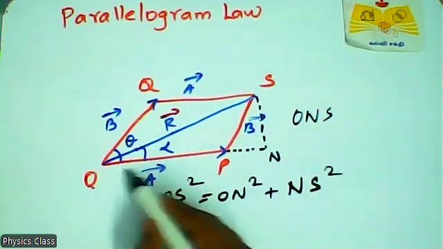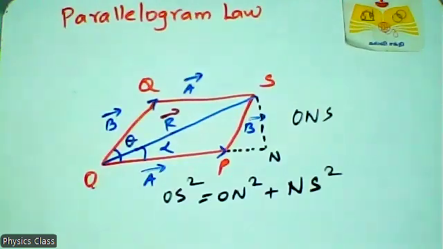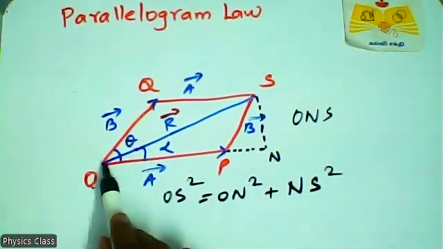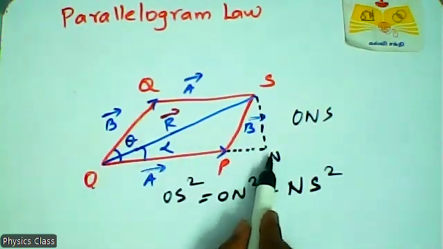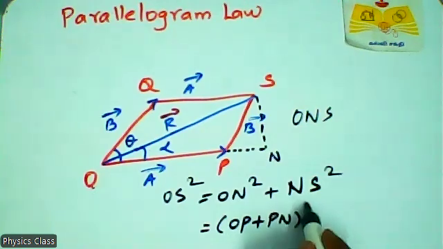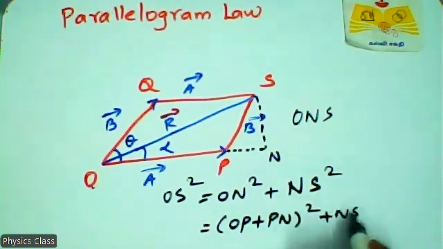OS square is equal to ON square plus NS square. ON is a combination of OP plus PN. So OS square equals OP plus PN, the whole square, plus NS square.